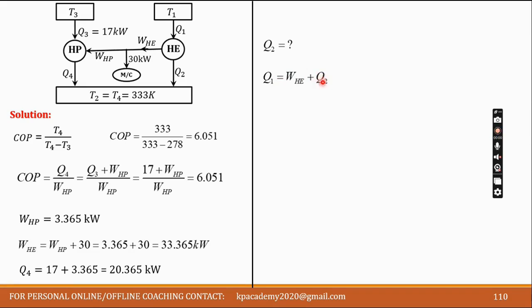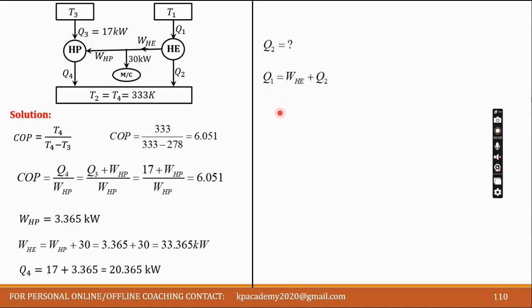But to find out this Q2, we need to find out Q1 also, right? Because WHE, that is the work output given by the heat engine, we have just got that value. So the only need is Q1. How do we find that Q1? Yes, there is another relation, of efficiency.